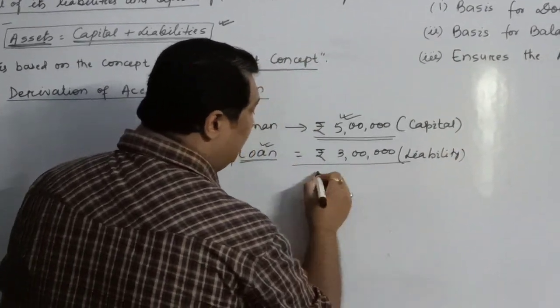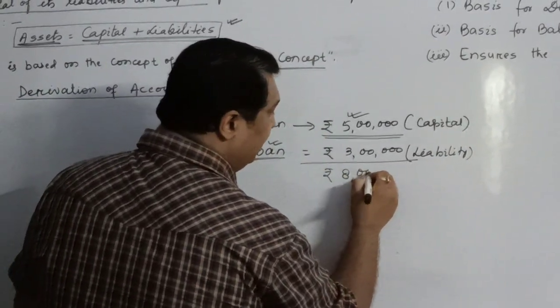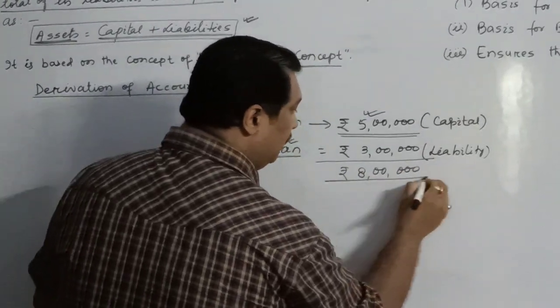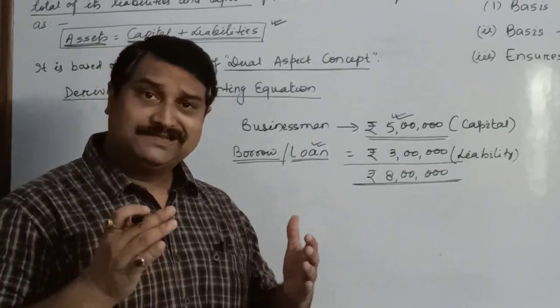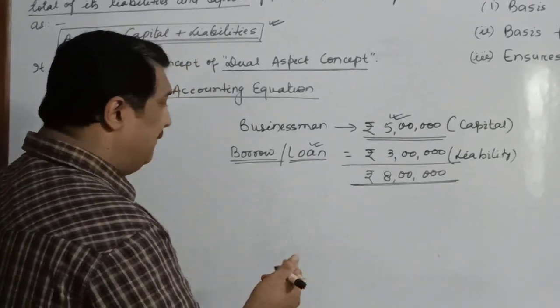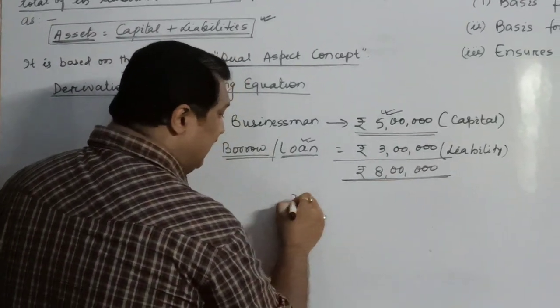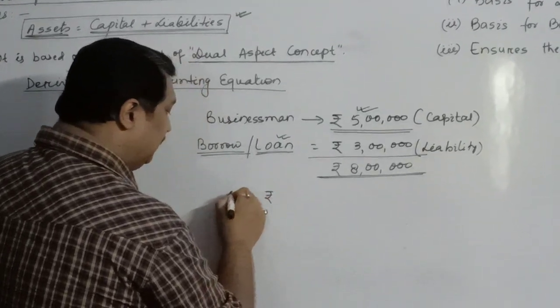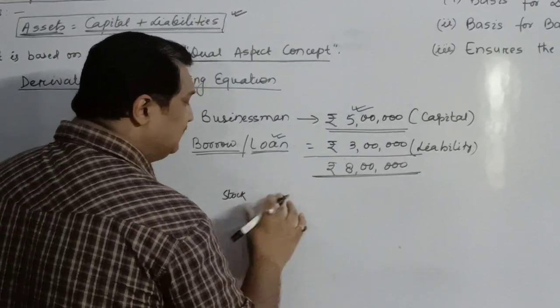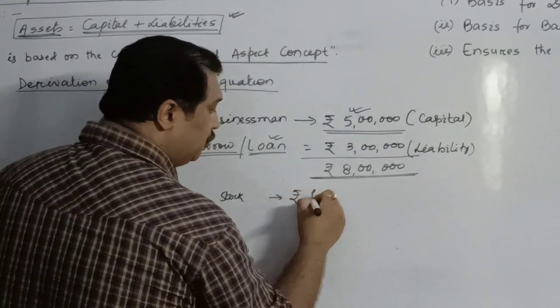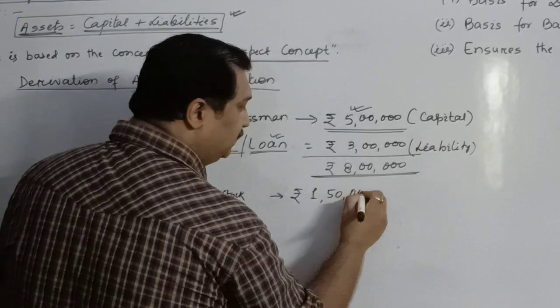Now the total amount which is available in the business is rupees 8 lakhs. With this 8 lakhs, this particular businessman started the business. So what will happen now? Suppose with this 8 lakh, he first of all bought certain raw materials and he added into his stock and started producing the goods. The stock was of rupees 1,50,000.